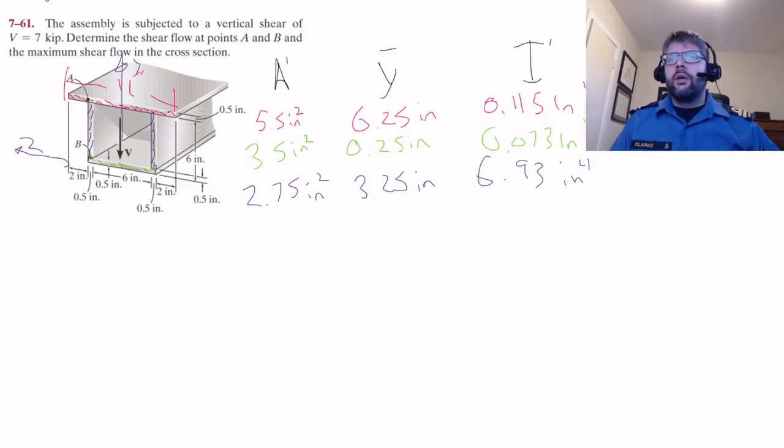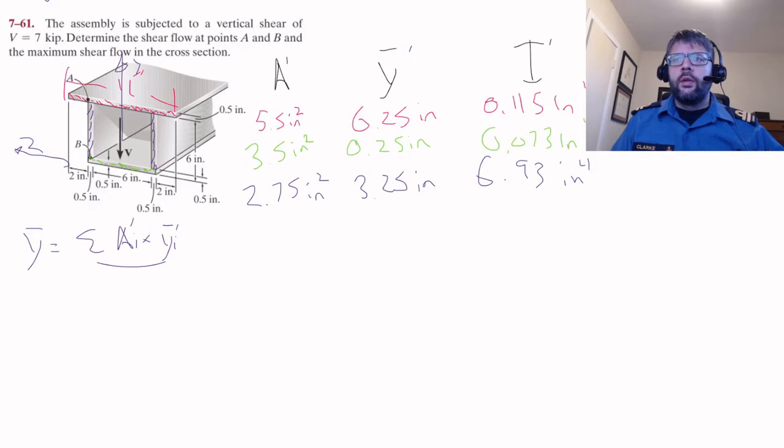So our ybar will be equal to, again, the sum of the A prime times the ybar prime divided by the sum of the areas for each of those.